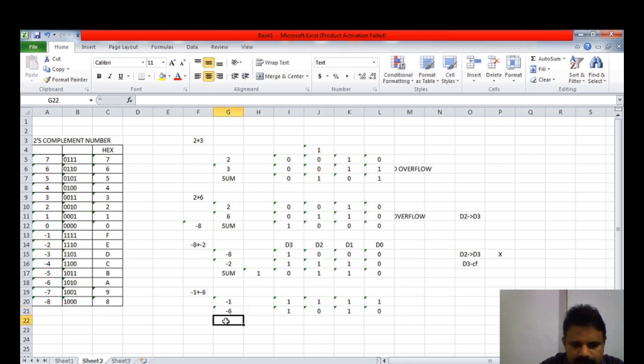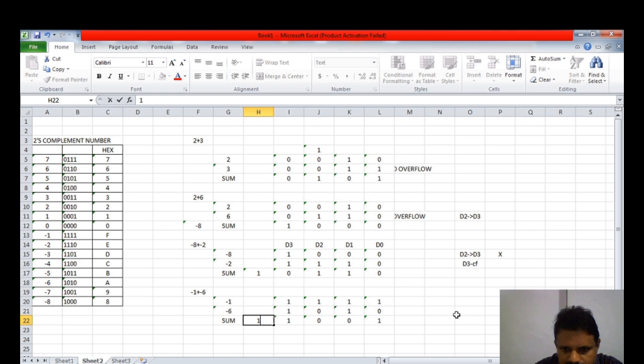What is the sum? 1 plus 0 is 1, 1 plus 1 is 0 with carry 1, and so on, giving 1 1 0 0 1.